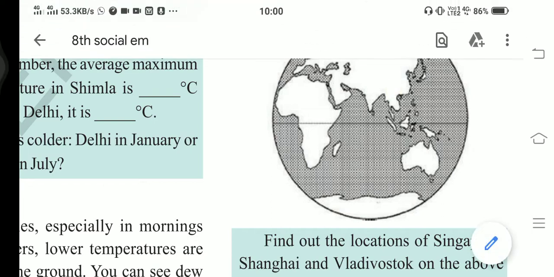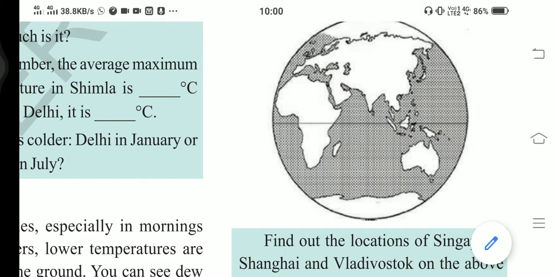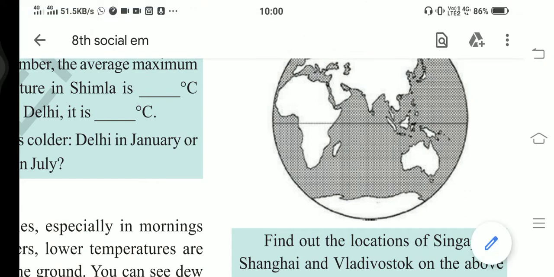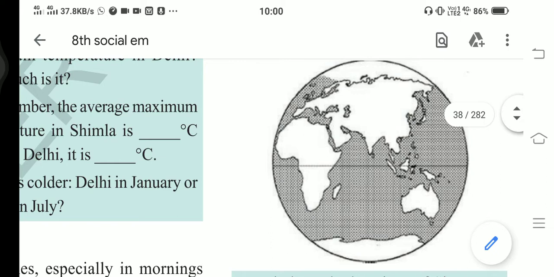In China, Shanghai is there. And the line in the middle, that is the equator. Exactly on the equator we find Indonesia. Here is Indonesia on the equator, and moving somewhat north you will find Shanghai, and further far from the equator in Russia, near to the poles, here it is Vladivostok, right?